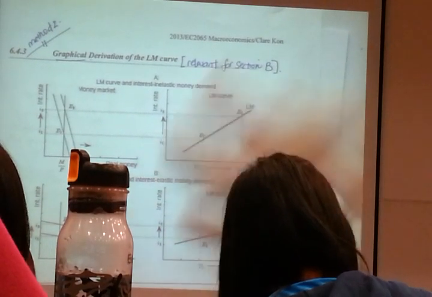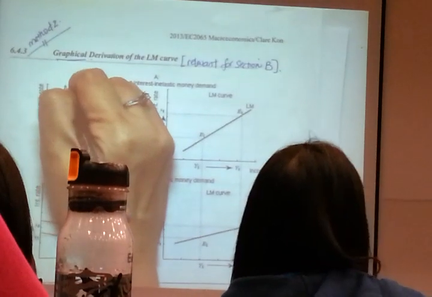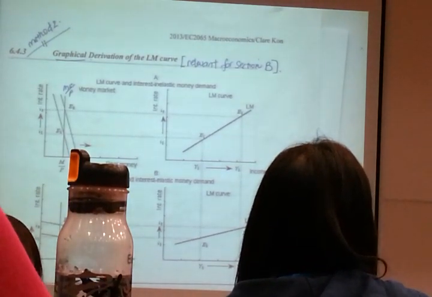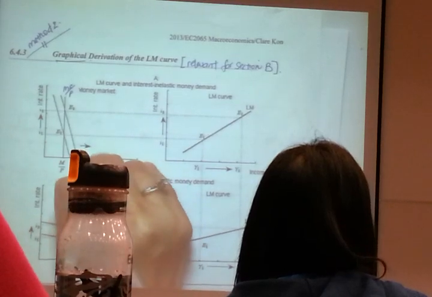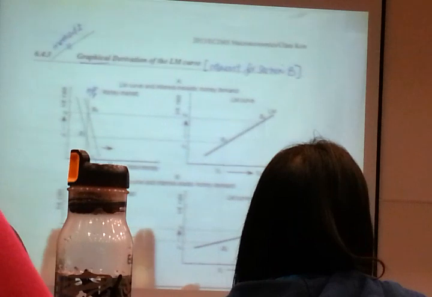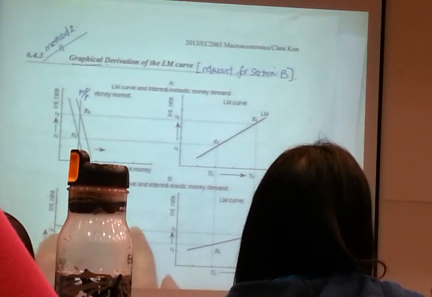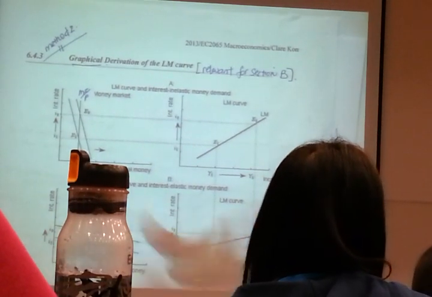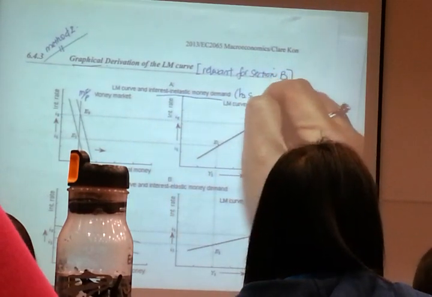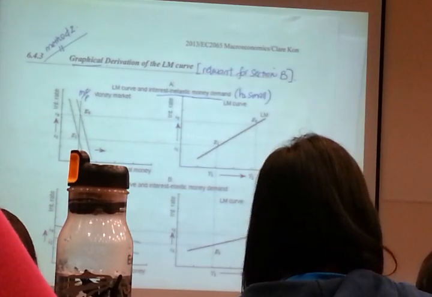So the diagram has been drawn for you. It starts on the left, so your vertical line is money supply. The first downward sloping line is money demand. You can see your money demand is quite steep, because your H2 is small.